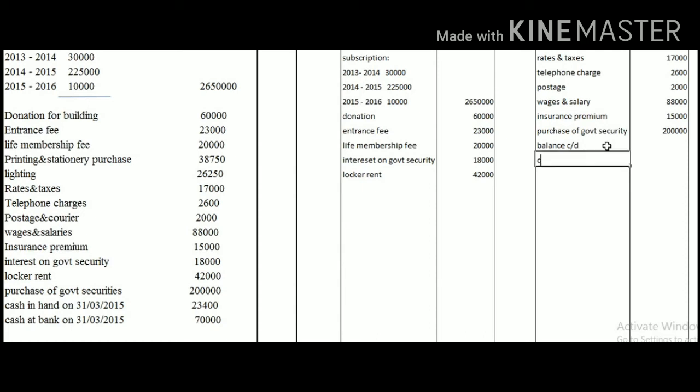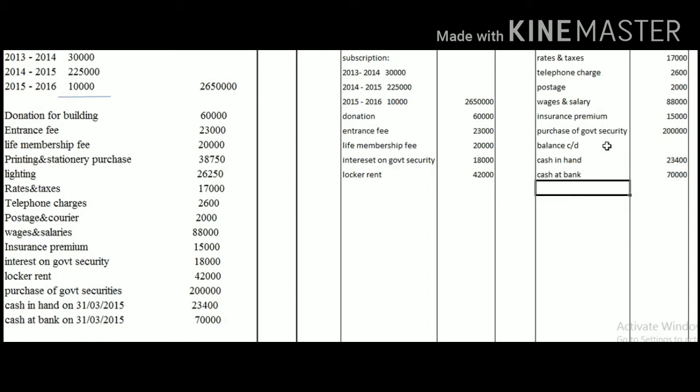What is the amount of cash in hand? Closing balance of cash in hand is 23,400. And next one, cash at bank. Cash at bank is also given in the question. What is the amount of cash at bank? It is 70,000.